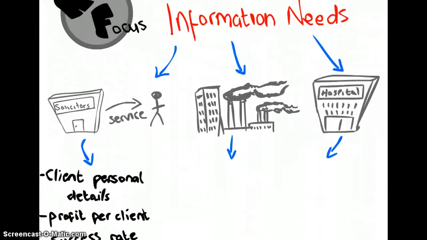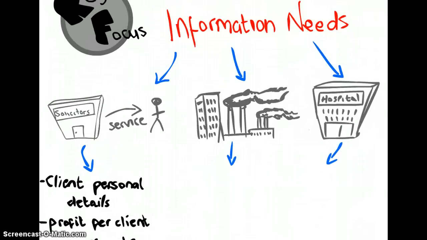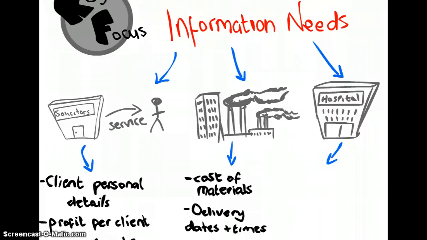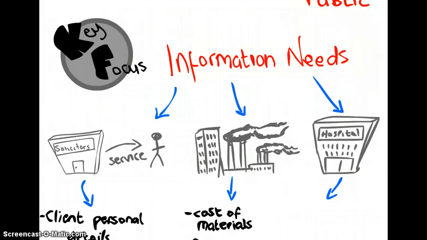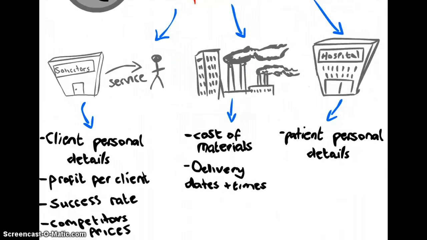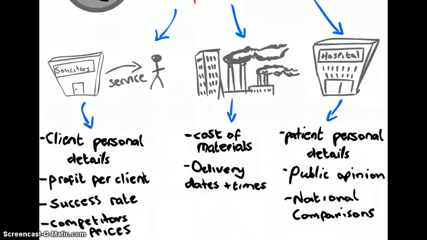If we then go and have a look at the information needs of an industrial organisation, they might need things like cost of materials, delivery dates, times. Public service organisations might need similar information to the commercial organisations, such as patients' personal details, public opinions, and national comparisons.